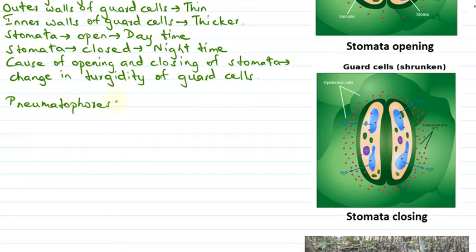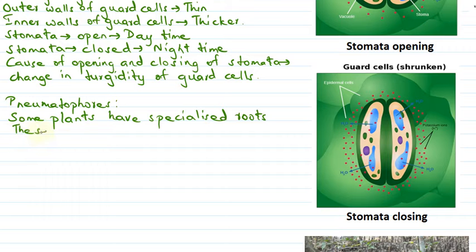Pneumatophores. So let's see what these are. Apart from stomata, there are some plants that have specialized roots, and these roots can respire.